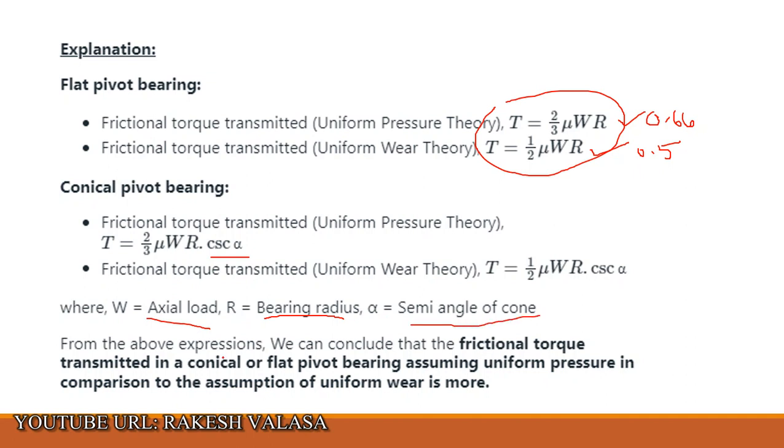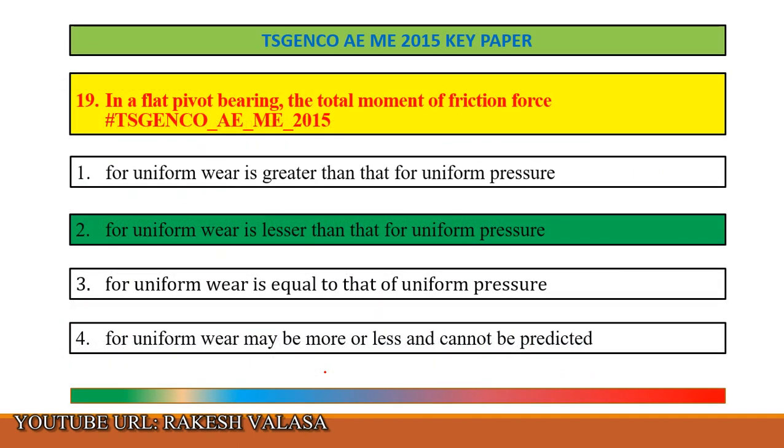From the above expressions, we can conclude that the frictional torque transmitted in a conical or flat pivot bearing, assuming uniform pressure, in comparison to the assumption of uniform wear is more. Among the four options, uniform wear is lesser than that for uniform pressure, or in other words, uniform pressure is greater than uniform wear.